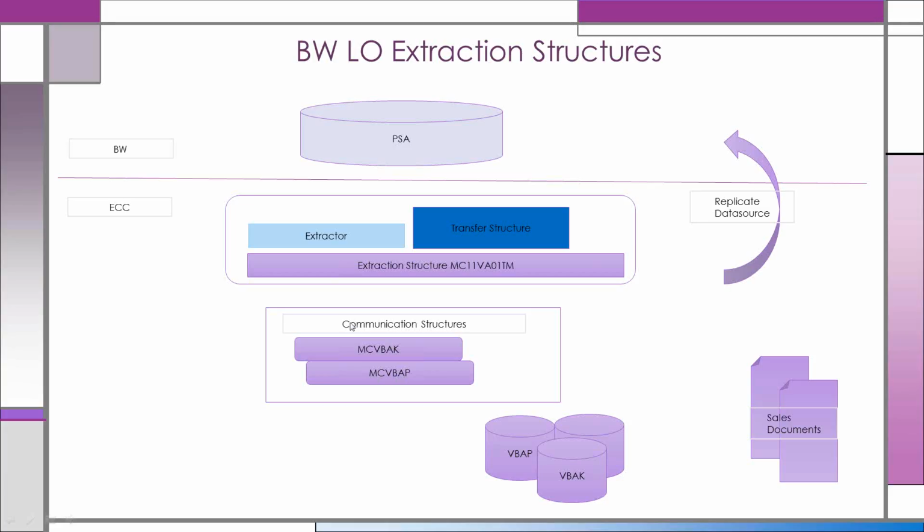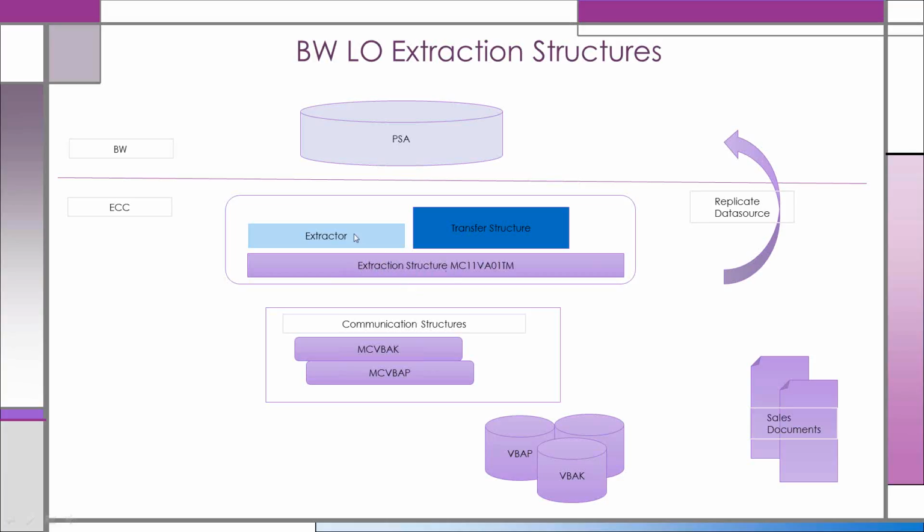This is a sales order, right? From the communication structure, we have to extract the data into the extraction structure. The communication structure is again a view of multiple tables. And from here, this is the extract structure from where we will be loading data into the business warehouse.